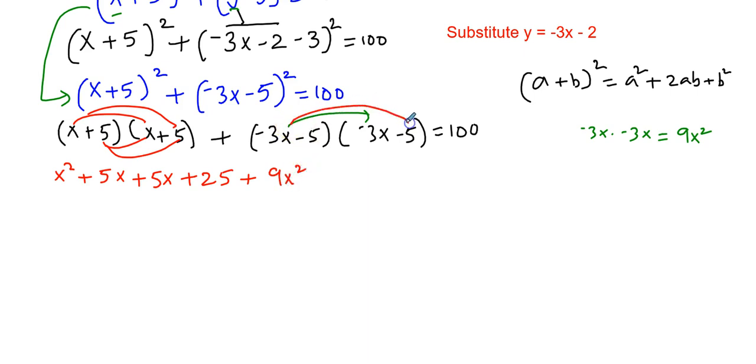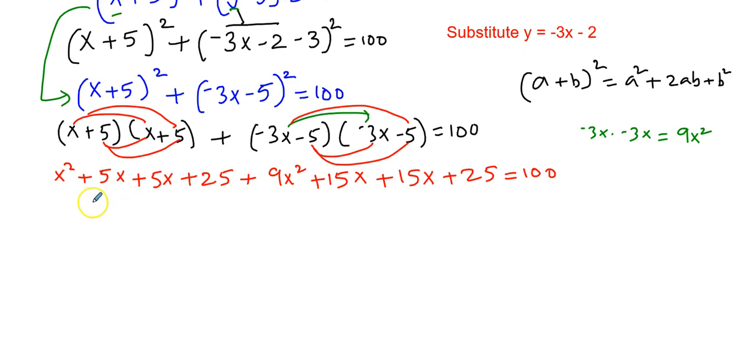Then negative 3x times negative 5 gives you 3 times 5, 15, and x. Then negative 5 times negative 3x is plus 15x. Then last, negative 5 times negative 5 gives you positive 25, is equal to 100.